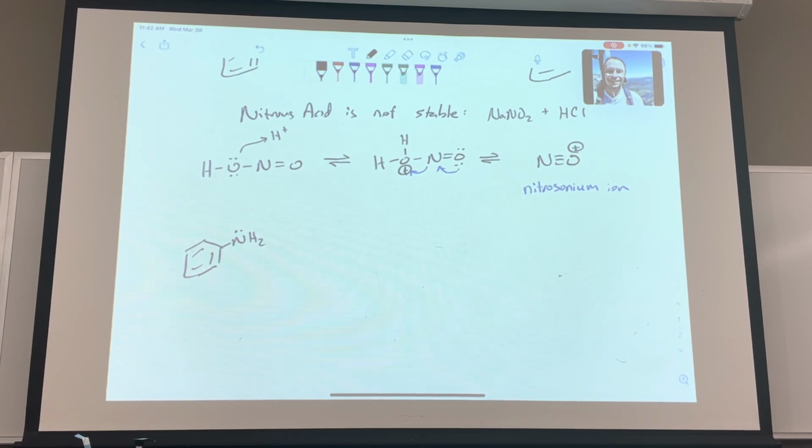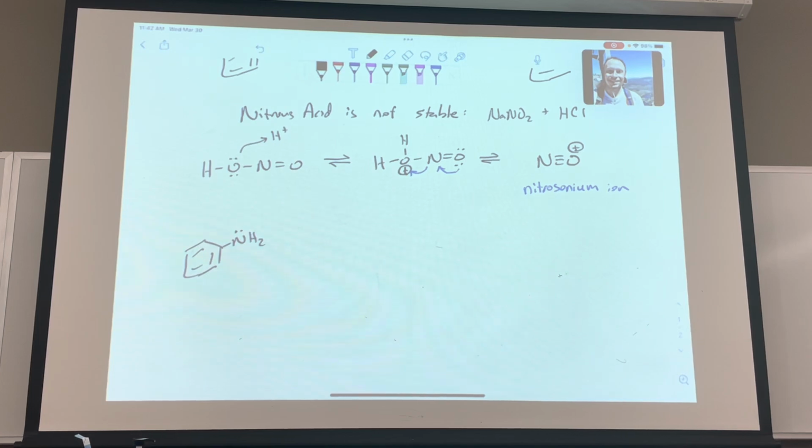You mixed your aromatic primary amine, you ultimately combined it with that nitrite HCl mixture that you had in the test tube. And then that generated your aromatic diazonium, to which you added the coupling agent.